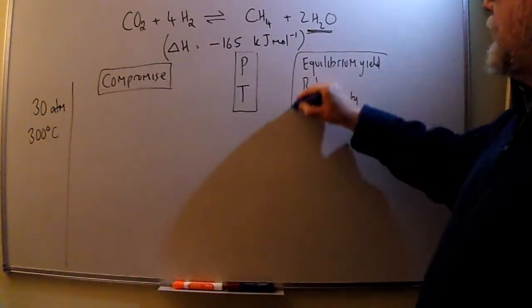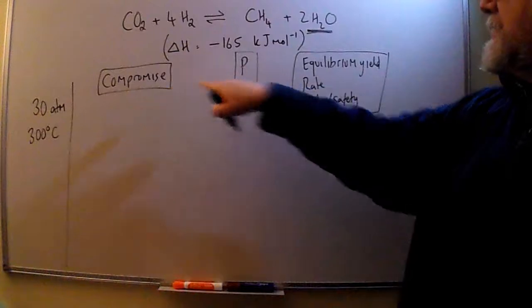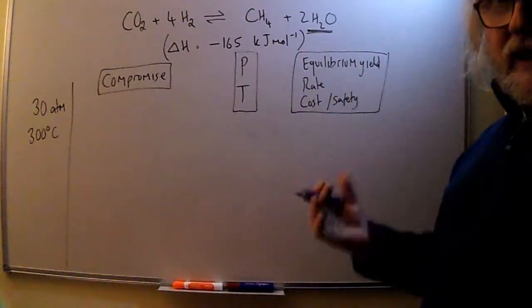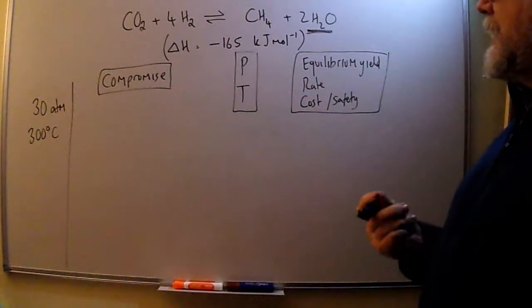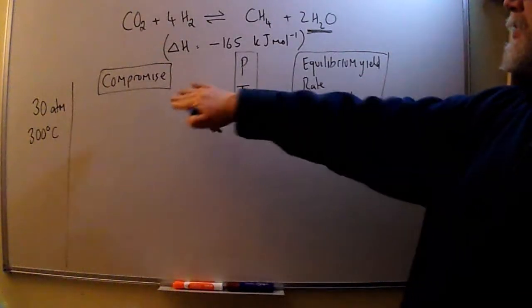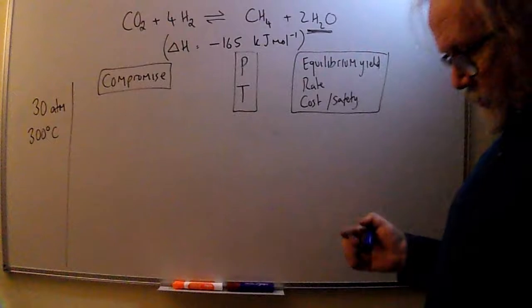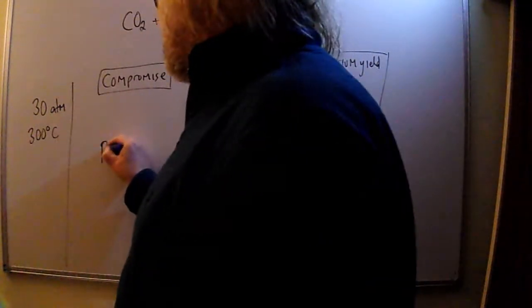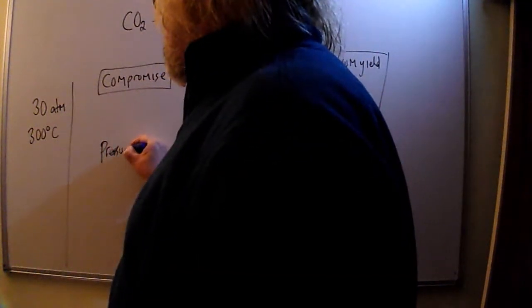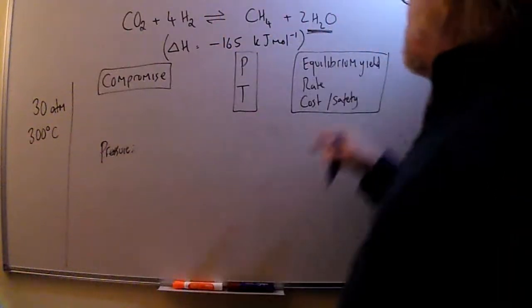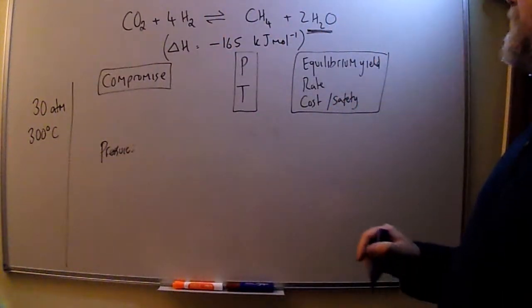Okay, so these three aspects are what the answer to any question like this needs to be based around. So make sure that you learn this as a general approach. So let's do the pressure first of all, and just think about each of these in turn.